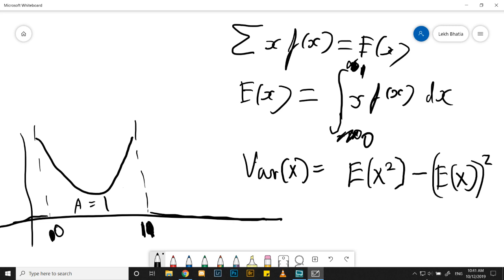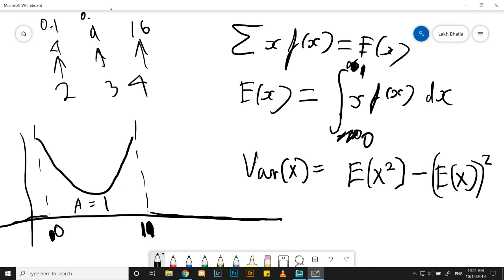So say the previous example where we had a 2 and a 3 and a 4 and their individual probabilities, instead of looking at it as just 2, 3, 4, what you would do is look at it as 4, the probability of 4, the probability of 9, and the probability of 16. You get that. Then you would use those respective probabilities.